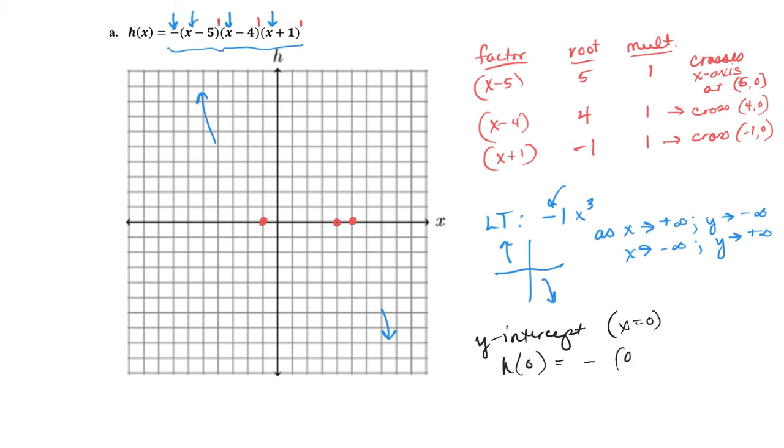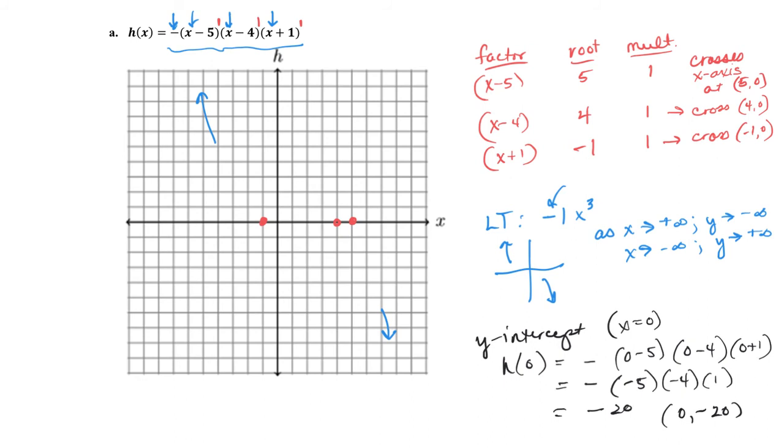Everywhere there's an x, I'm going to put in a 0. So this is negative (0 minus 5), which is -5, (0 minus 4), which is -4, (0 plus 1), which is 1. Negative times -5 is +5, times -4 is -20, times 1 is -20. So my y-intercept is at (0, -20).